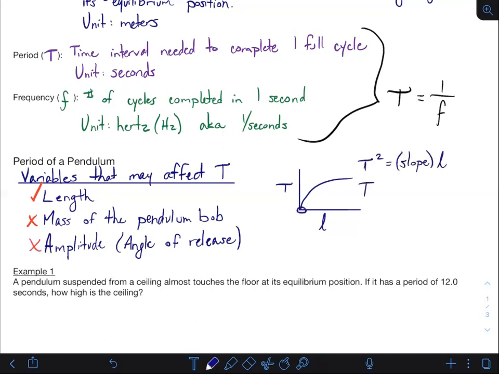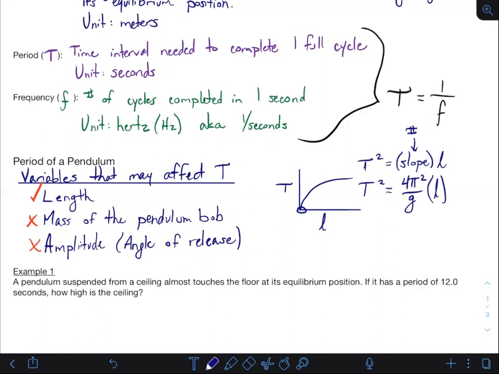If we did a whole bunch more investigations, we would find that the number for this slope, it's gonna look like a crazy number, but it would be 4 pi squared over g. So the equation for this data is period squared is equal to 4 pi squared over g times the length of the pendulum, where g represents the gravitational field of wherever the experiment takes place.